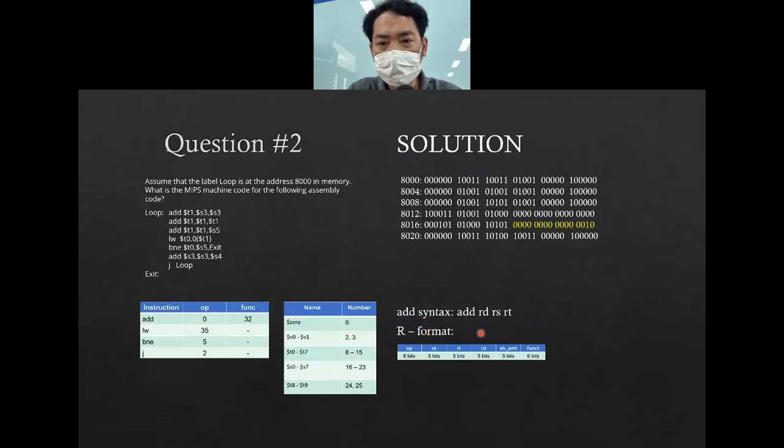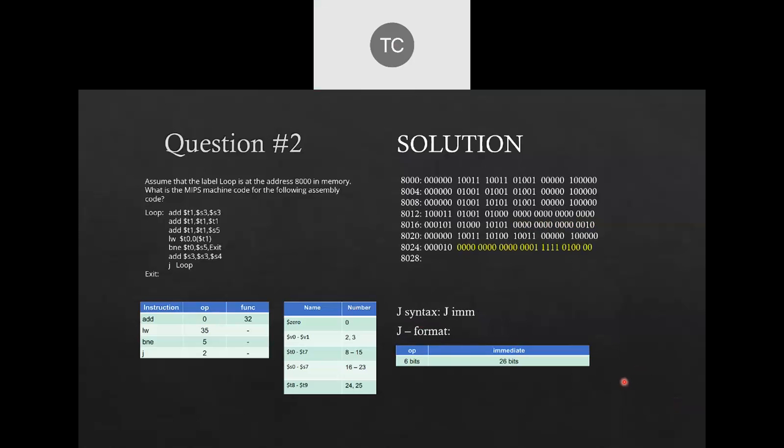And the next line we use add, which is the same as the first 3 lines. So it pretty much has no problem, but the last one is the J format, which is used for jump. It only takes two sets: the operation at the first 6 bits and another 26 bits of the immediate.